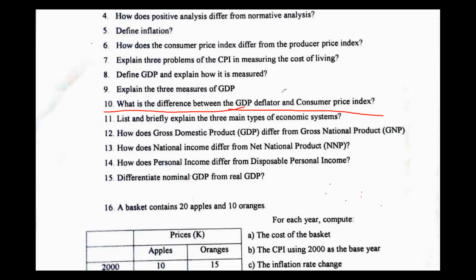I think we can answer question 12 as well. How does the GDP differ from GNP? I think someone can just give us the explanation on this one. Those are some of the things we've talked about.